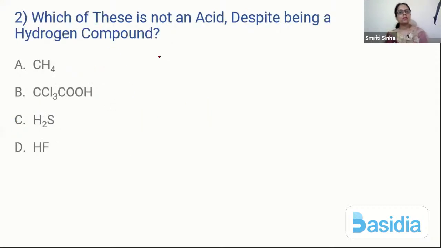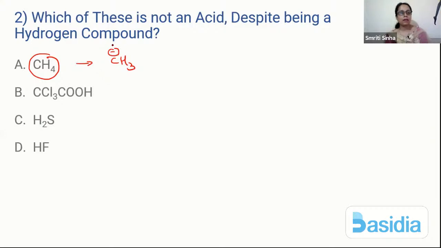Next, which of these is not an acid despite being a hydrogen compound? So which of the following is not an acid even though it has hydrogen in it? If you see clearly, you will get an idea that it is CH4, because the conjugate base formed here is very unstable.